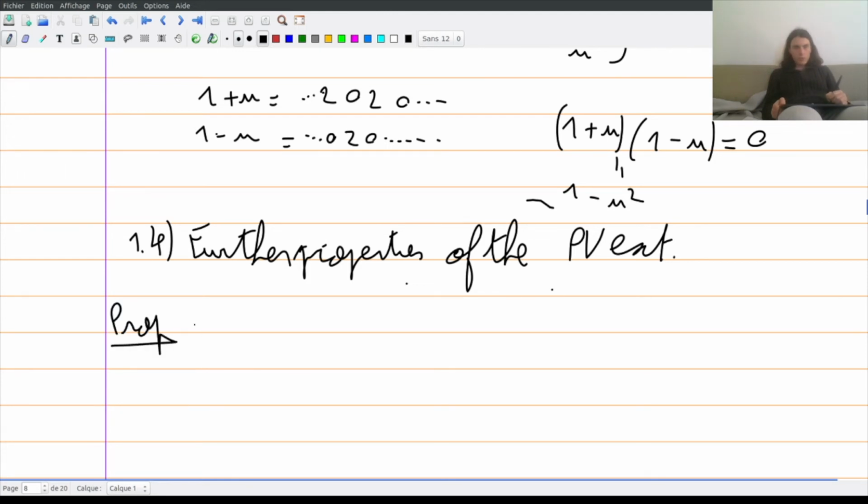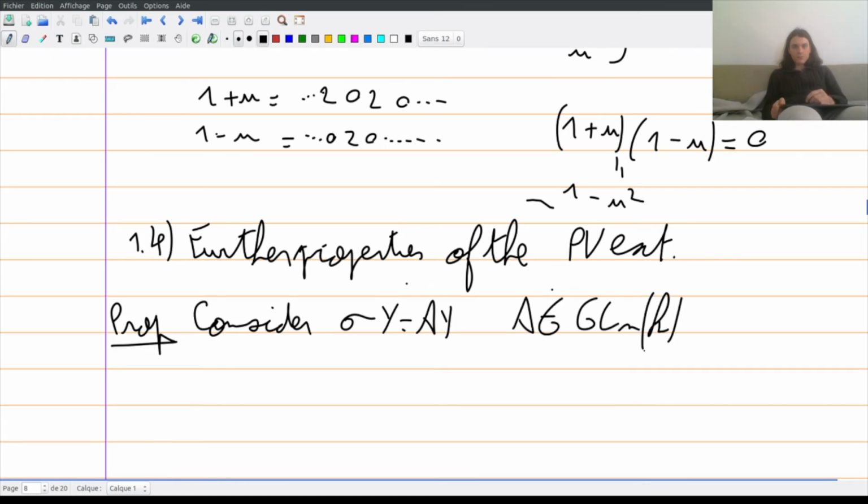We want to make the thing very concrete. So I consider, as before, a difference equation over the field k.